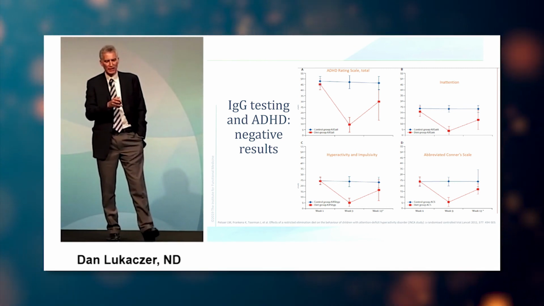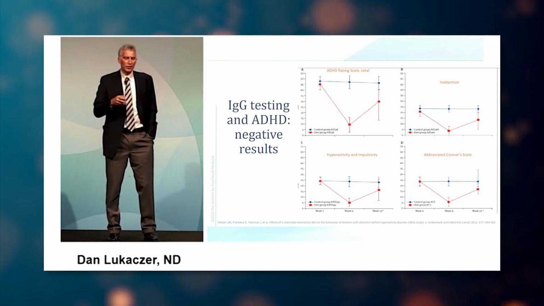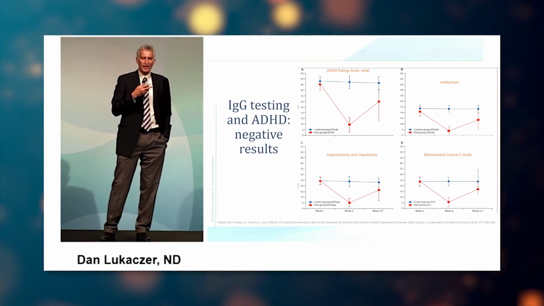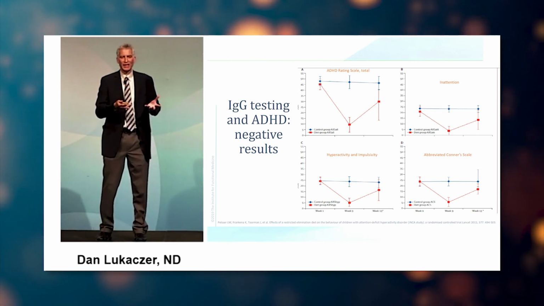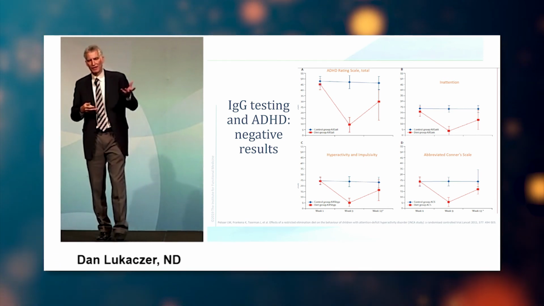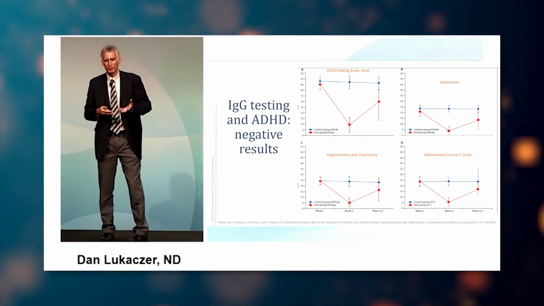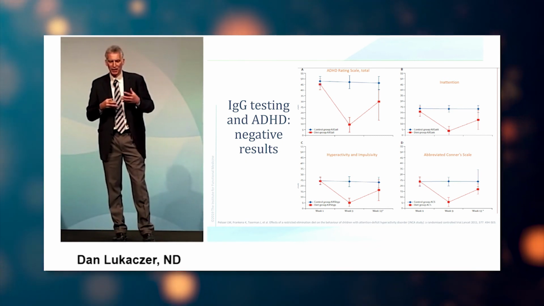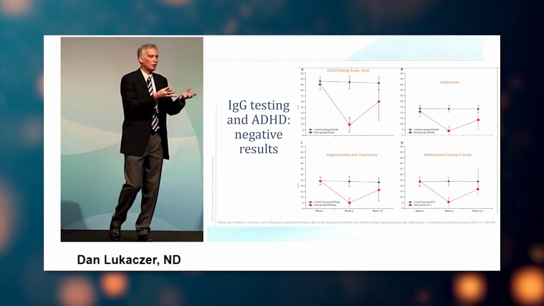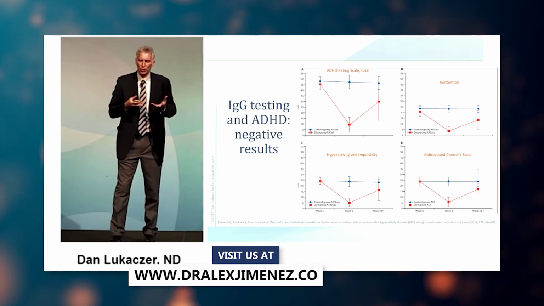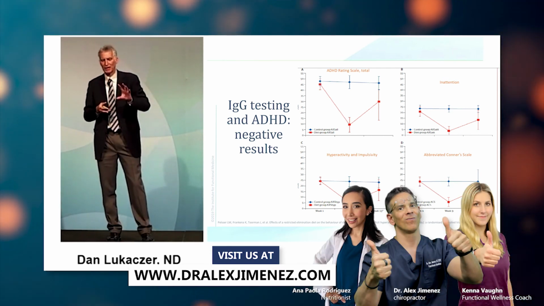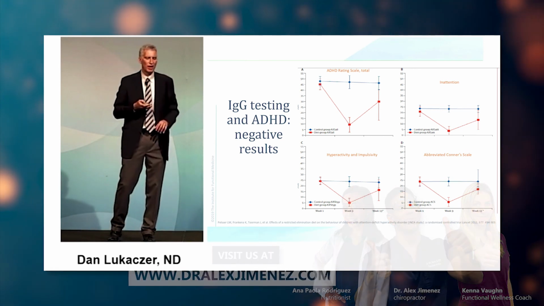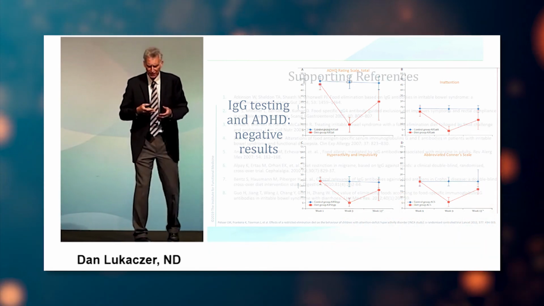What was interesting was that they used an elimination diet and actually showed very positive results. Everybody went on an elimination diet, and then they also took their blood and tested for IgG antibodies, but they didn't show on re-challenge a correlation with IgG. I'm going to come back to this and talk about it because I think there's a caveat to why this particular study would be negative.